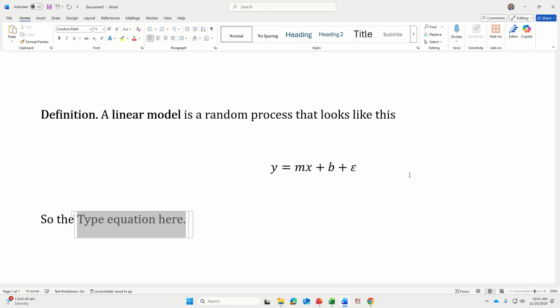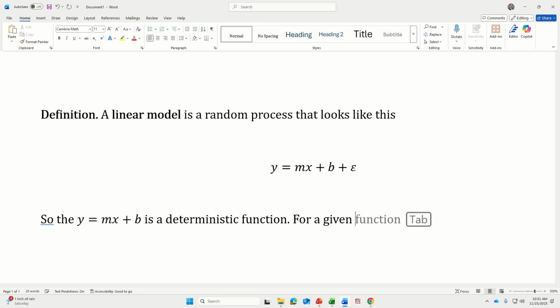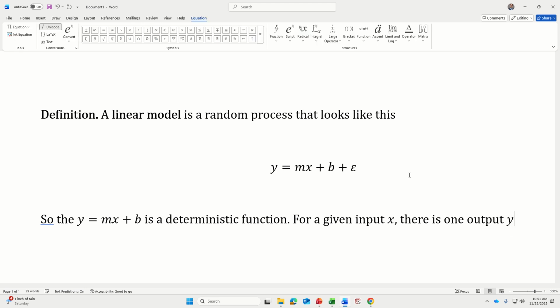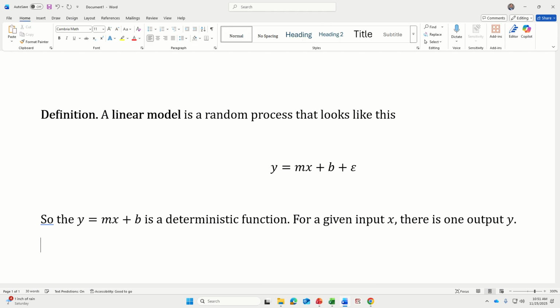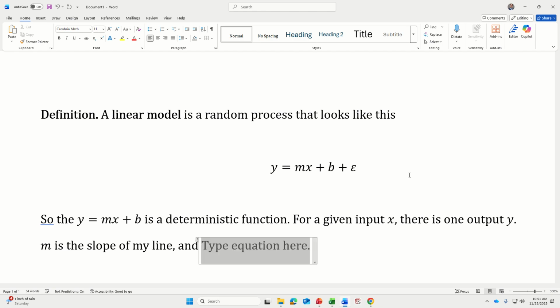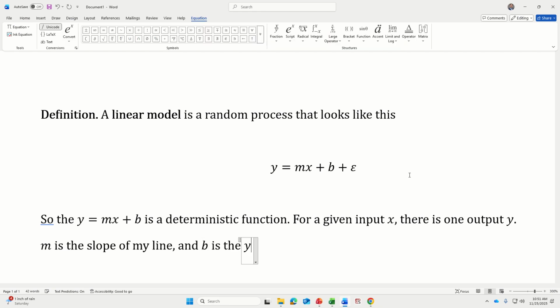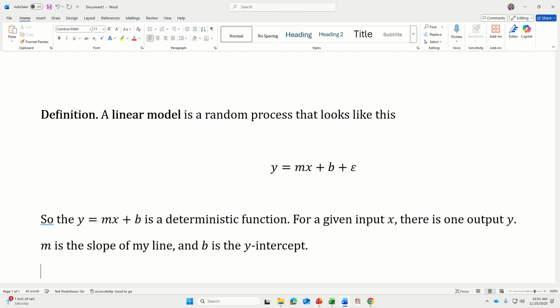So the y equals mx plus b is a deterministic function, which means for a given input x, there is one output y. m is the slope of my line, and b is the y-intercept, which is the place where my line goes through the y-axis.